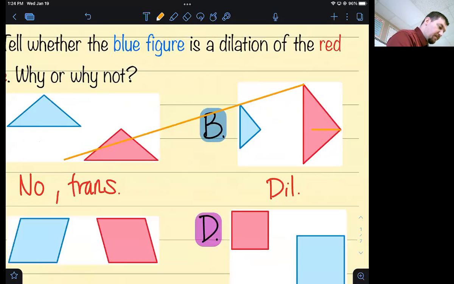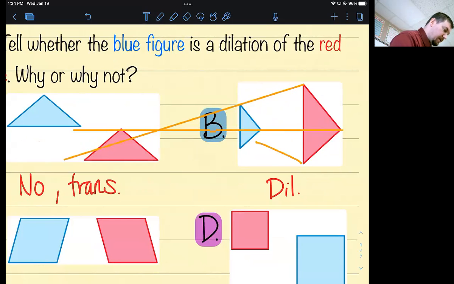Do the same thing with the middle vertex. And then the bottom one, if I can get it to line up properly. Maybe not. About as close as I'm going to get it.